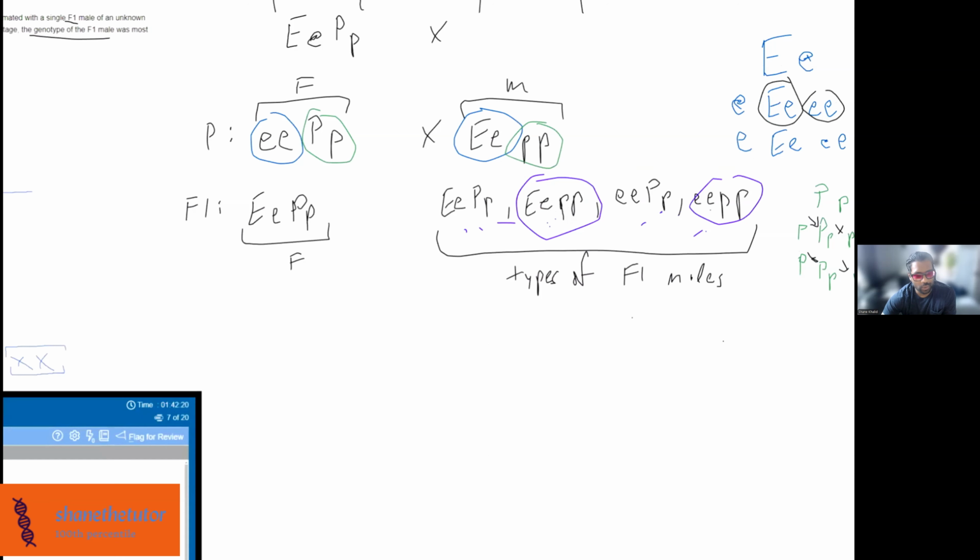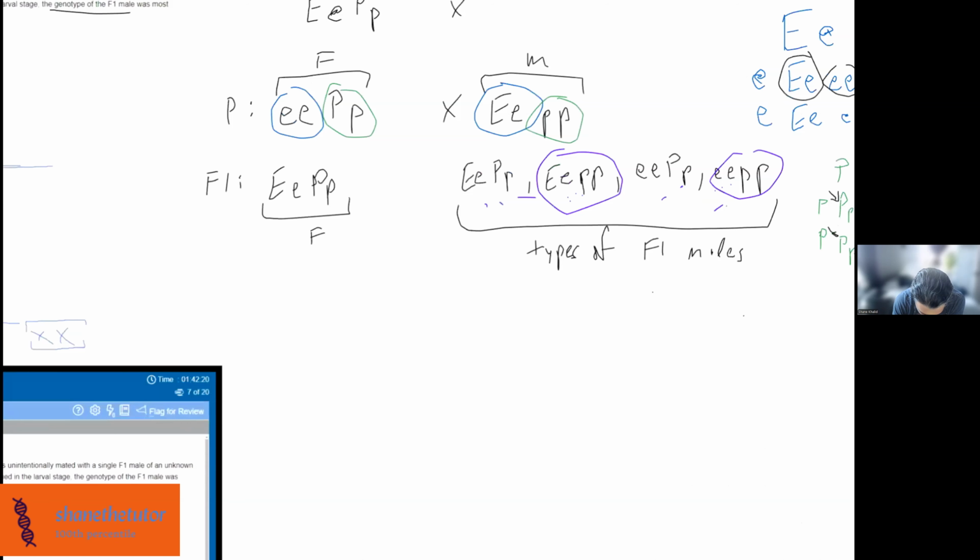And then we can see if we're going to have 25%, or 1/4, die at the larval stage. So here I go. I'm going to first do the female, big E, little e, and I'm going to do this one over here, which will be another big E, little e.